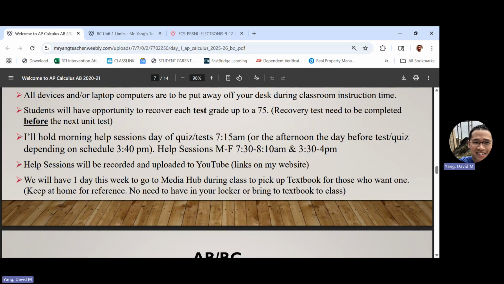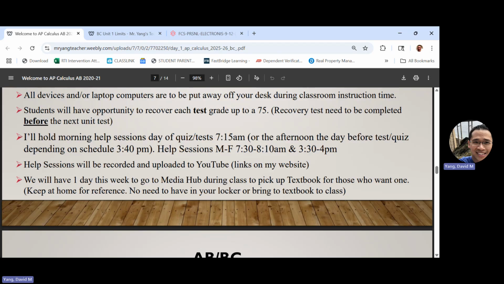Textbooks. I incorporate all the questions or the problems I want to go over with you that I want you to do in your packet. So I don't really feel a need for a textbook, but I know some students want one just to have as a resource at home. It's something like this. It's a Sullivan Miranda textbook.